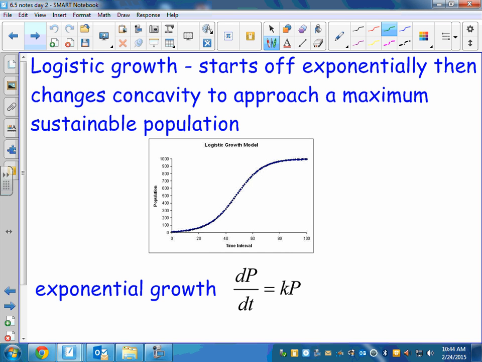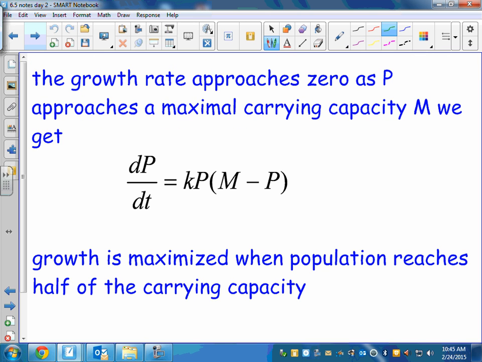But this really does also fit an exponential growth model in terms of the population, the rate that it's growing. So, if you look on the next page here, we can say that the growth rate approaches 0 as the population approaches a maximal carrying capacity M, then we get this lovely equation.